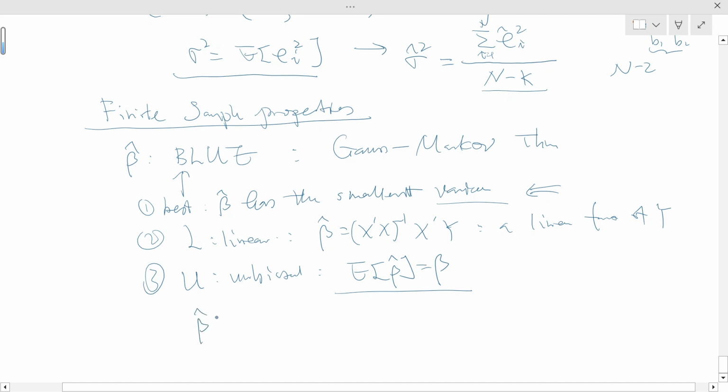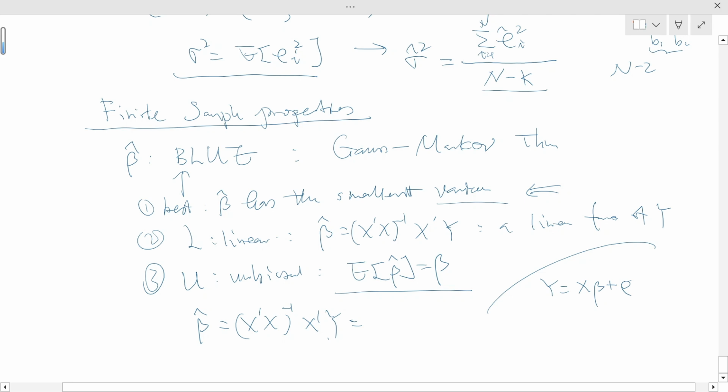We know beta hat is (X'X)^-1 X'y, and our model is y = Xβ + e.